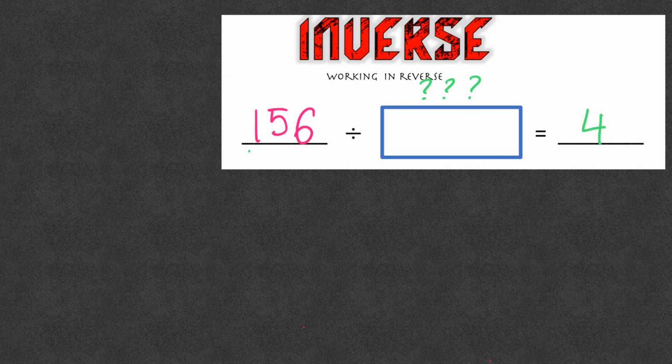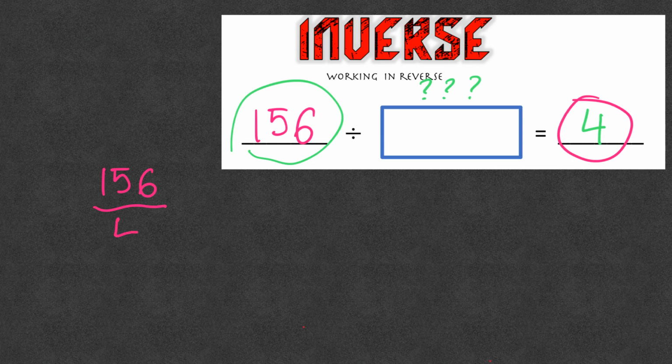Now, obviously, I could build a tower until I say 156, but in this case, I can't do it because it's not a number fact. So what I will do, I will take 156 and I will divide it by 4. So that's 156 divided by 4.